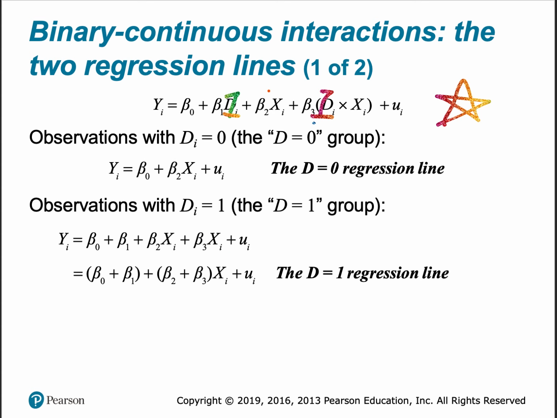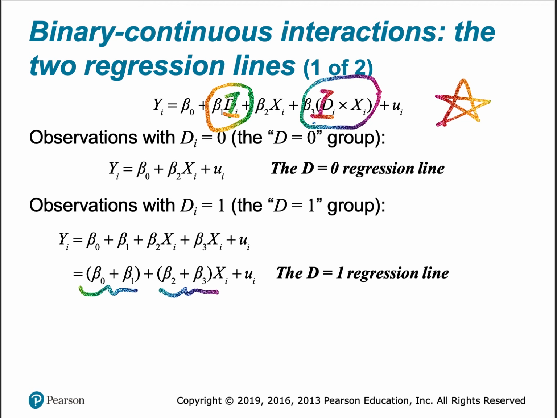The beta 1 comes from the second term up here, and the beta 3 times xi comes from the interaction term. The d equals 1 regression line has a different intercept and a different slope from the d equals 0 regression line. The slope is beta 2 plus beta 3, and the intercept is beta naught plus beta 1 for the d equals 1 group.